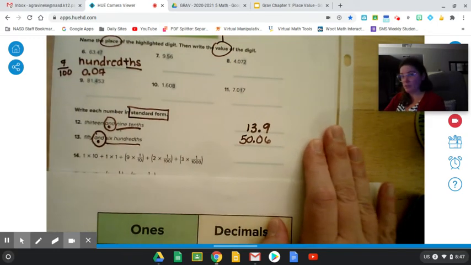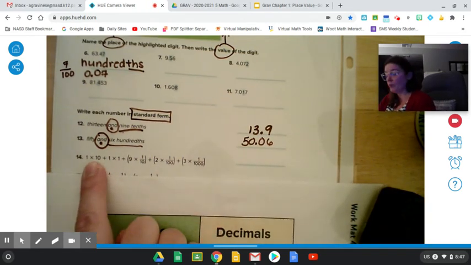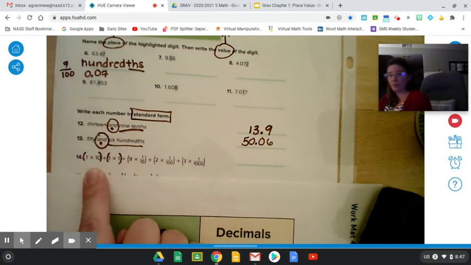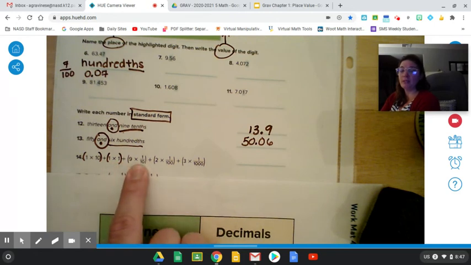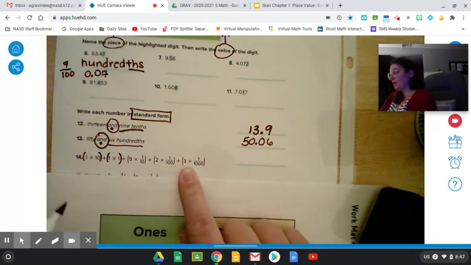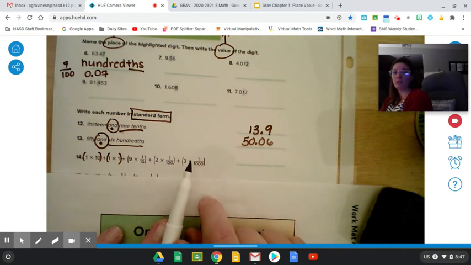All right, now we're getting to expanded form, our favorite. Remember, we're writing this in standard form. I like to add parentheses around all of the bits and pieces. We have 1 times 10 plus 1 times 1 plus 9 times 1/10 plus 2 times 1/100th plus 3 times 1/1,000th. In expanded form, when we see these fractions, that tells us that these are in the decimal side of our place value chart.